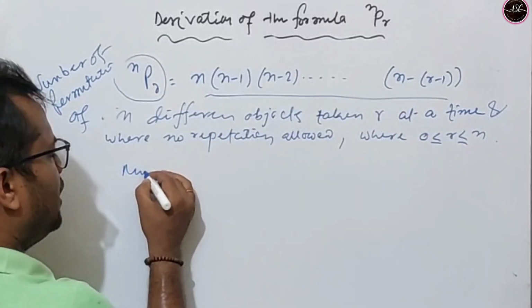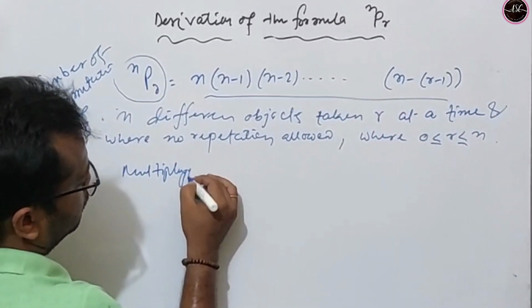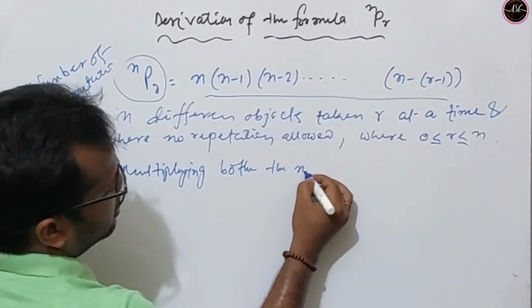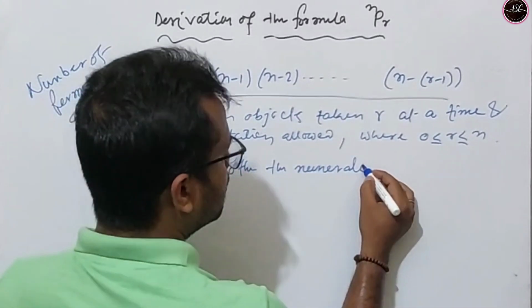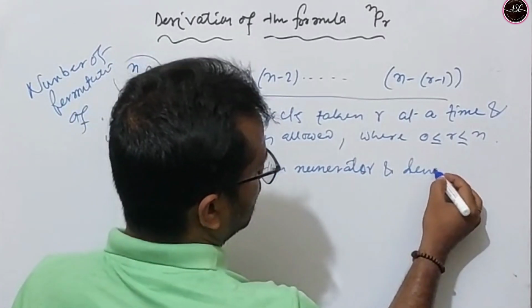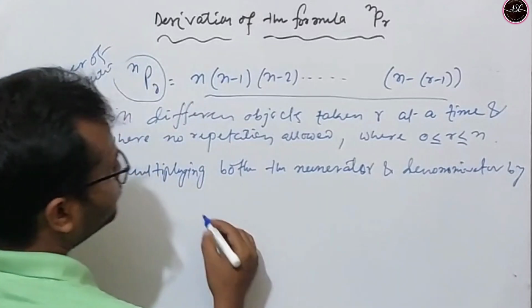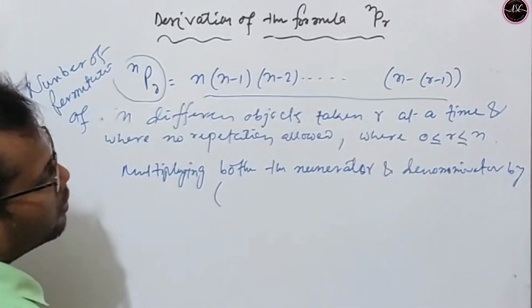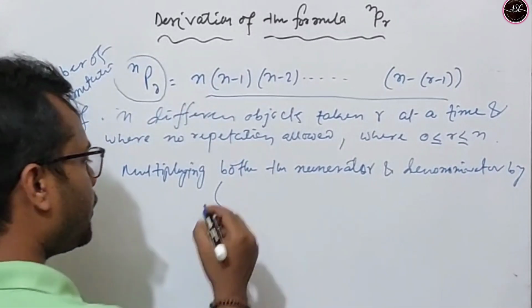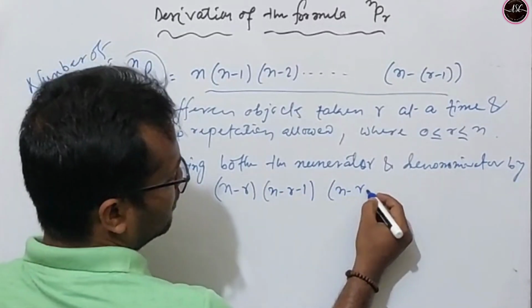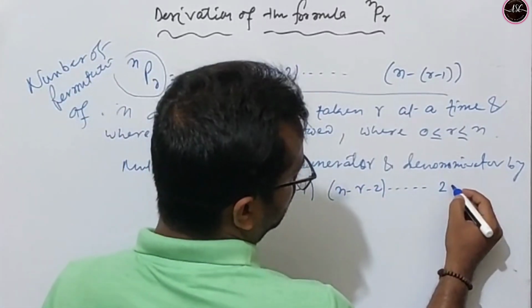Now multiply both the numerator and the denominator by what value? N minus r, n minus r minus 1, n minus r minus 2, up to 2 into 1.